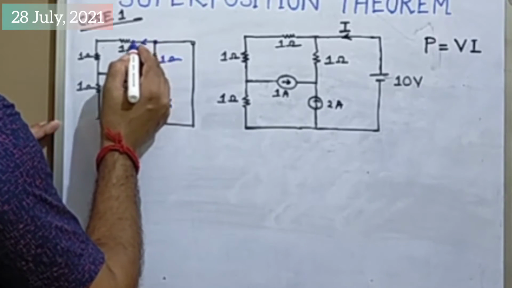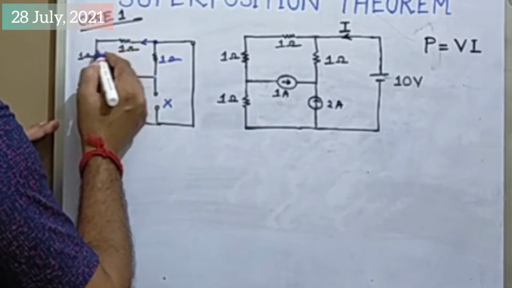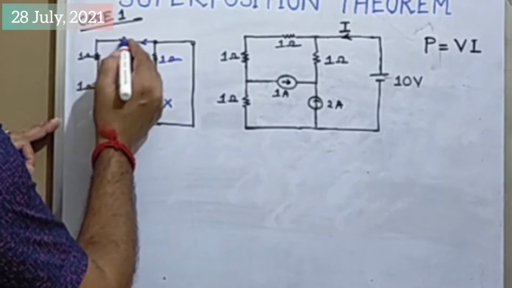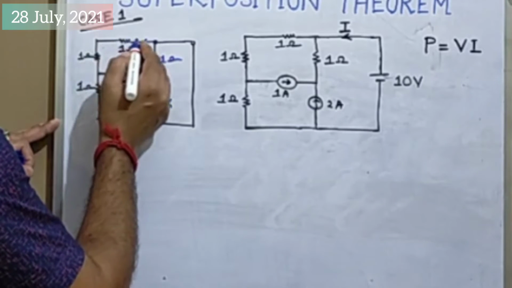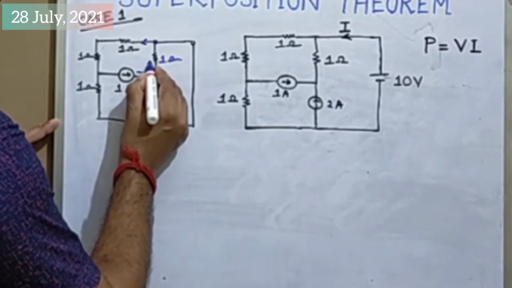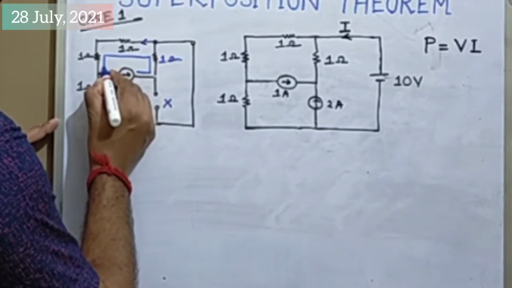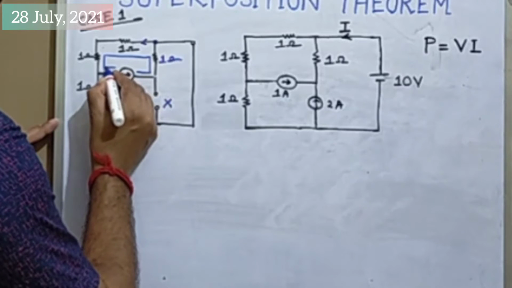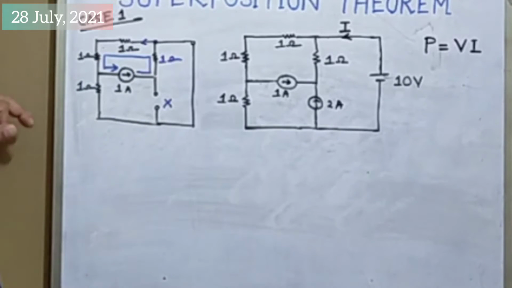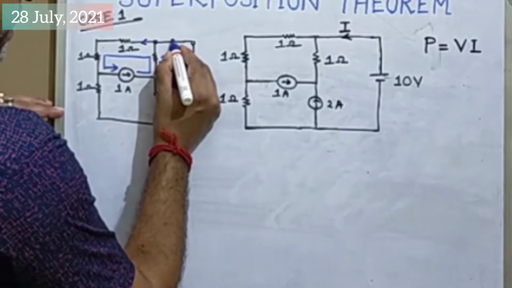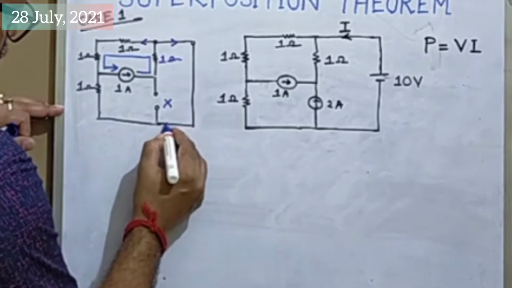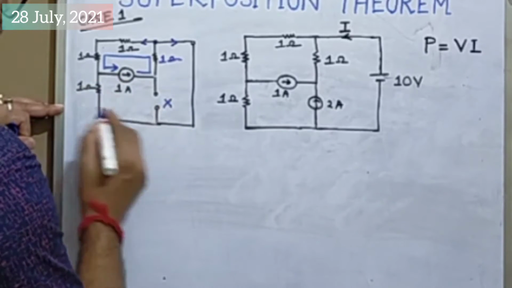One part is flowing through this 1 plus 1, as these two 1 ohm resistors are in series. That's why total resistance is 2 ohm. One part of current will flow through this 2 ohm. This is the current path direction. It comes back to the source, and another part of current is flowing through this branch, and then it will move and come back to its source.